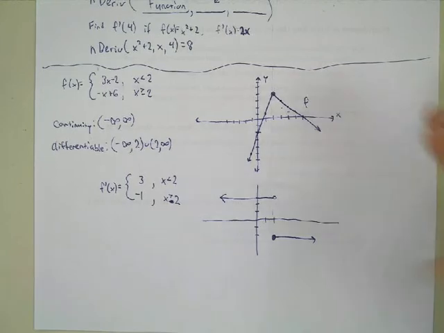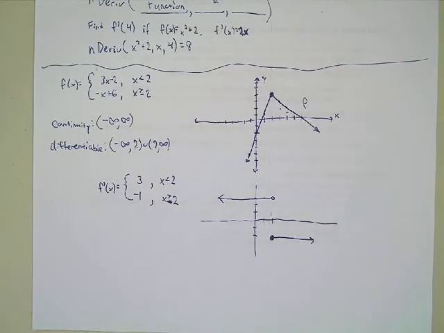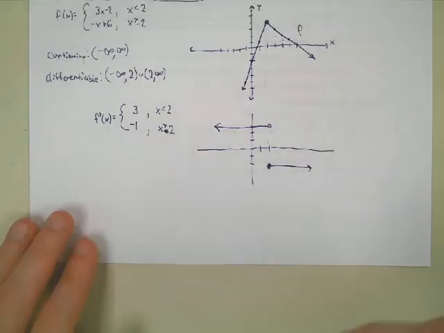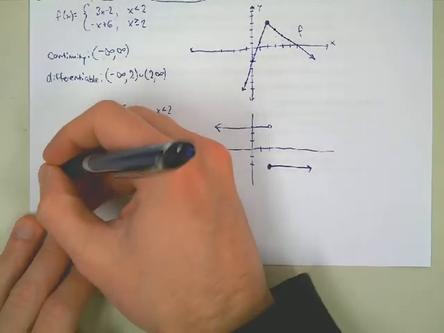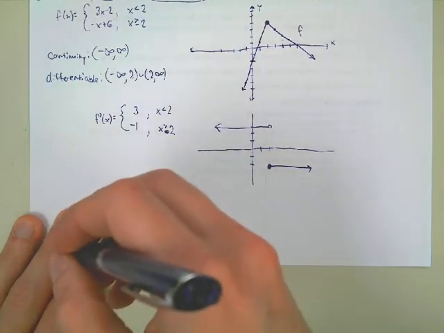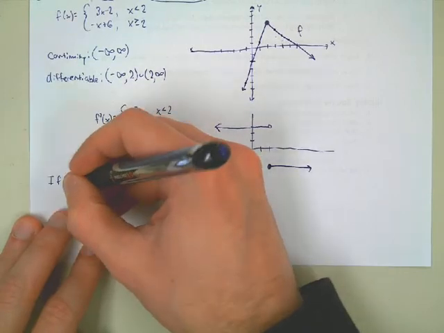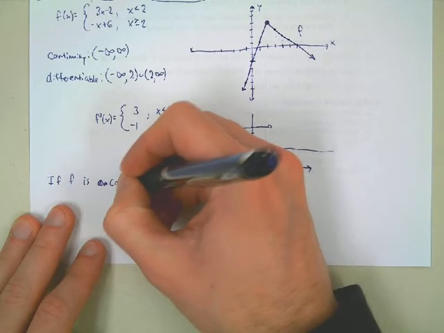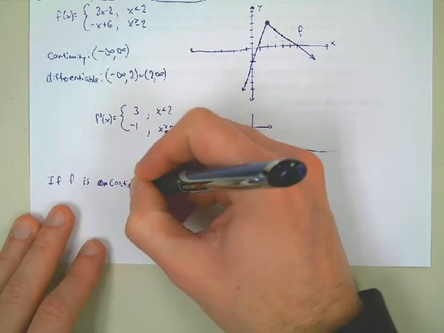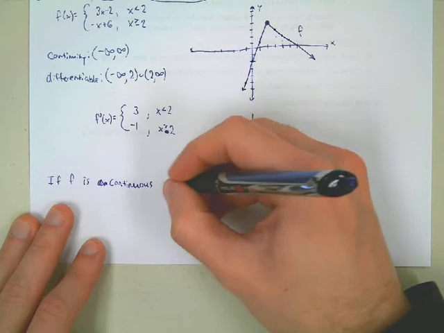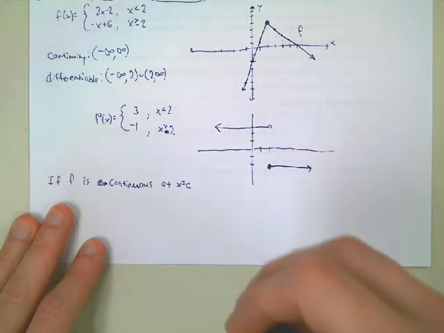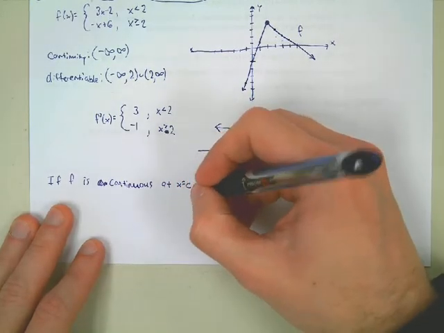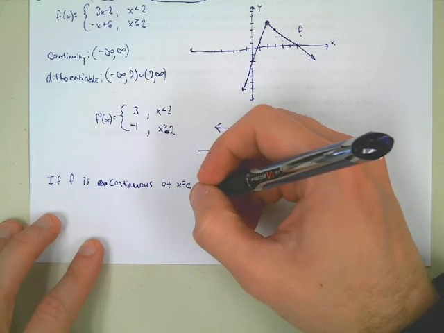Okay, there's a theorem here, and then we'll summarize. If f is continuous at x equals c... wow, I have this written down incorrectly in the notes here.